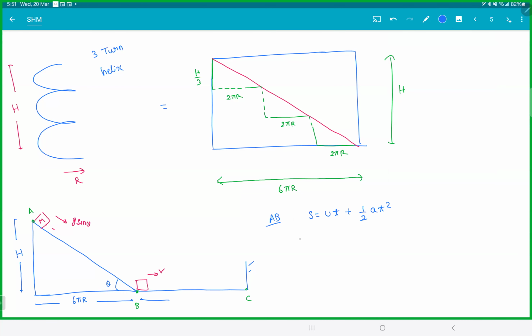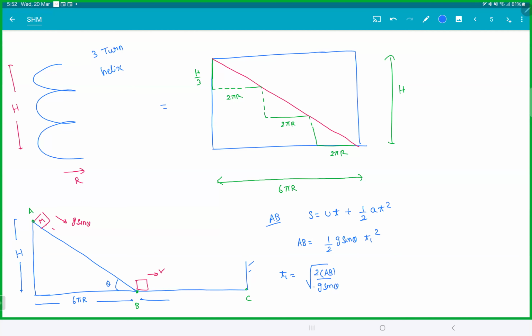S will be the length AB, which you can calculate. U is 0, half, acceleration is g sine theta, t1 square. So from here you get the value of t1, root 2 AB by g sine theta.